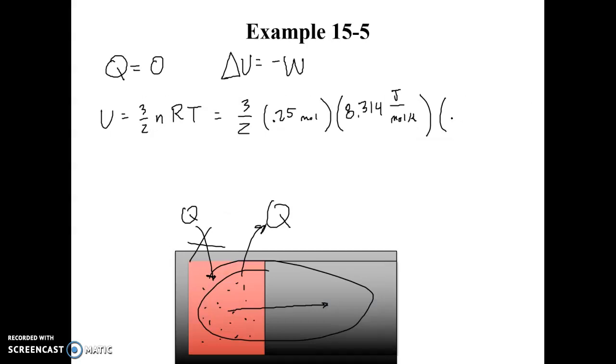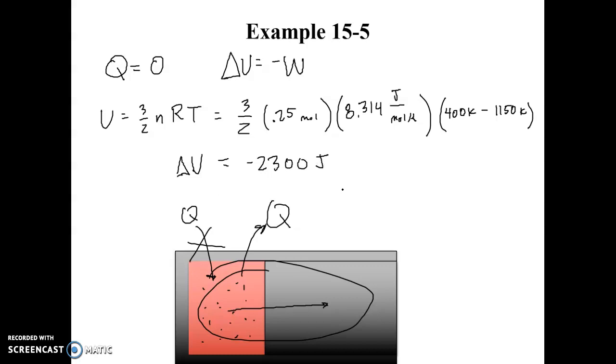So we're going to end up at 400 minus where we started, 1150. Okay, so our delta U in this case is going to be equal to negative 2300 joules.